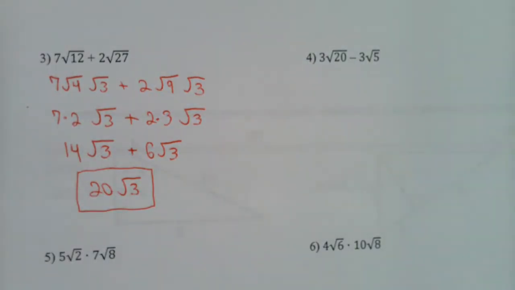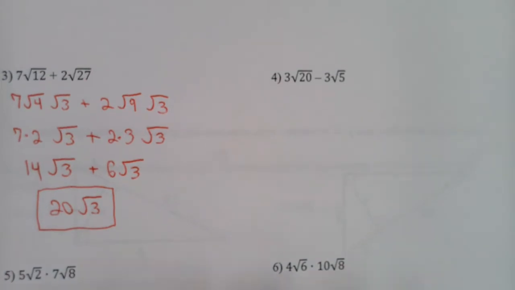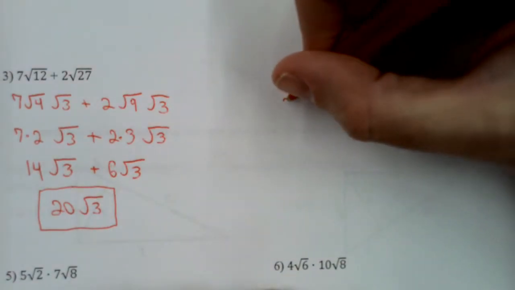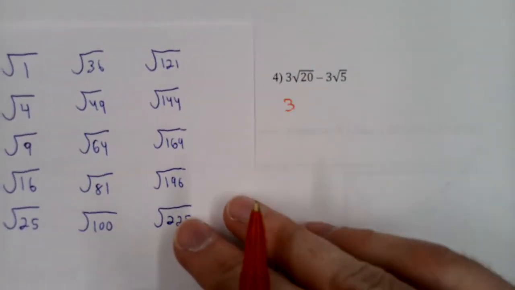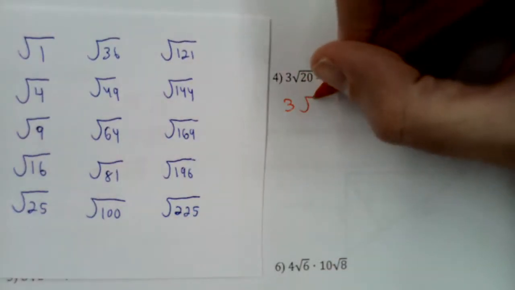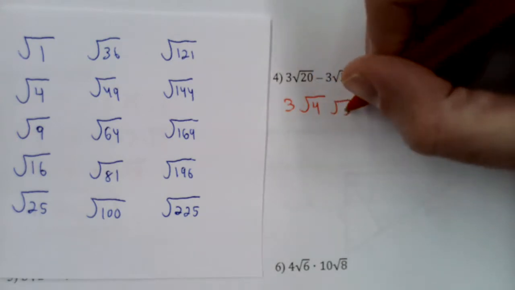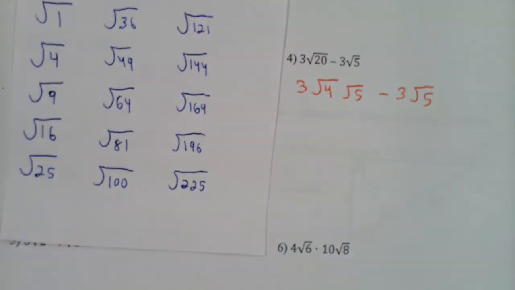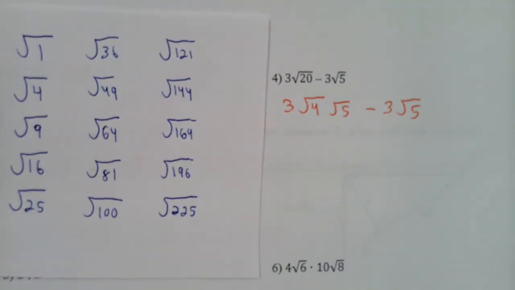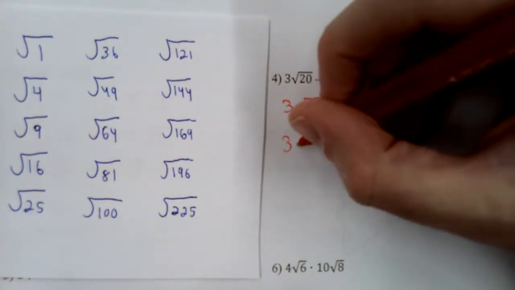Number 4, subtraction. The radicands are not the same. Let's simplify and see if you can get them the same. So we'll simplify the square root of 20 down to square root of 4, square root of 5. We'll make the square root of 4, 2. So 3 times 2.